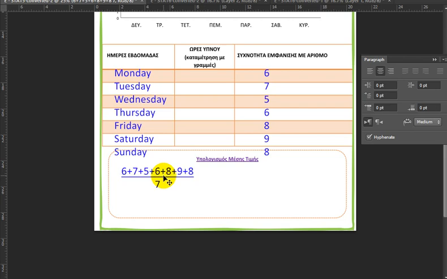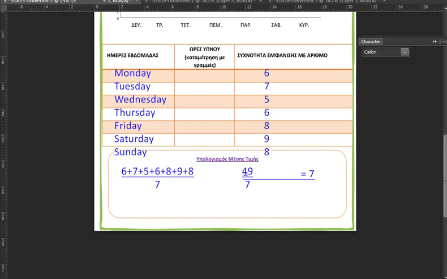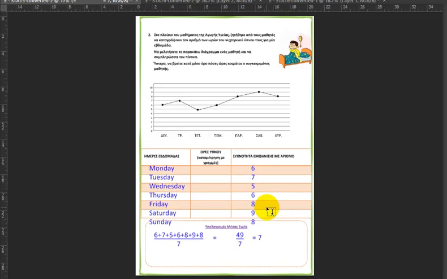Now, 6 and 7 is 13, and 5 is 18, and 6 is 24, and 8 is 32, and 9 is 41, and 8 is 49. Divided by 7 is 7. And that's the average number of hours of sleep that the student got per day.